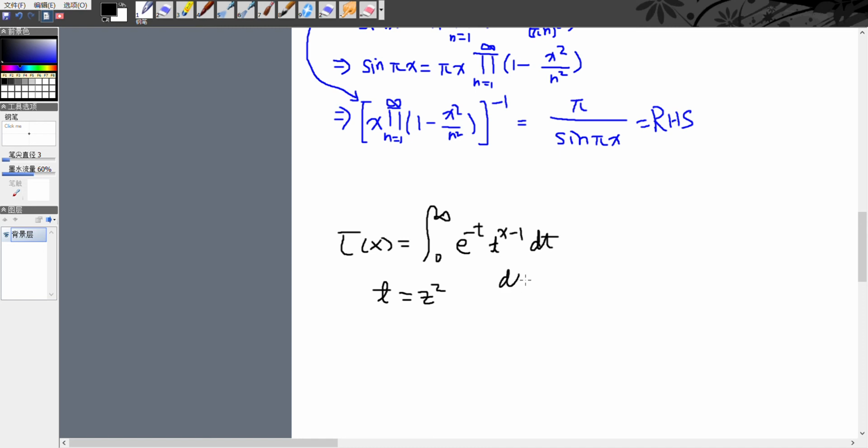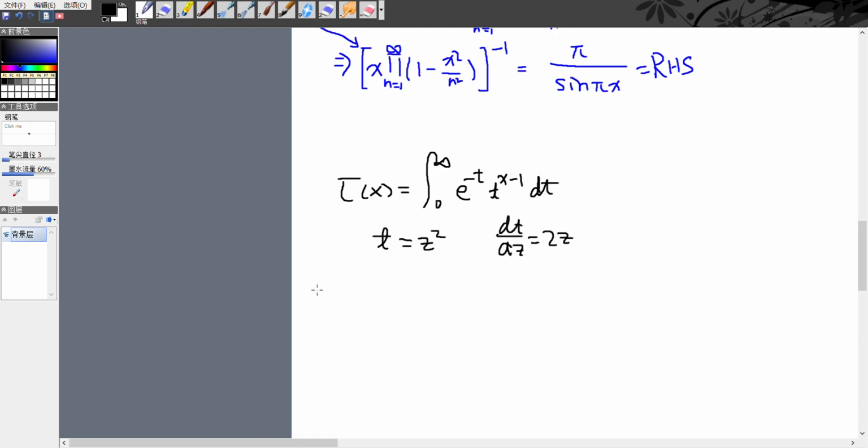So dt by dz is actually equal to 2z. So now we have gamma x is equal to the integral from 0 to infinity of e to the negative z squared times z to the 2x minus 2 times 2z dz.